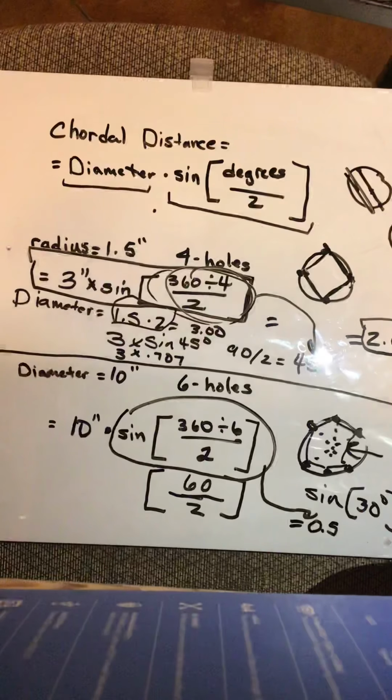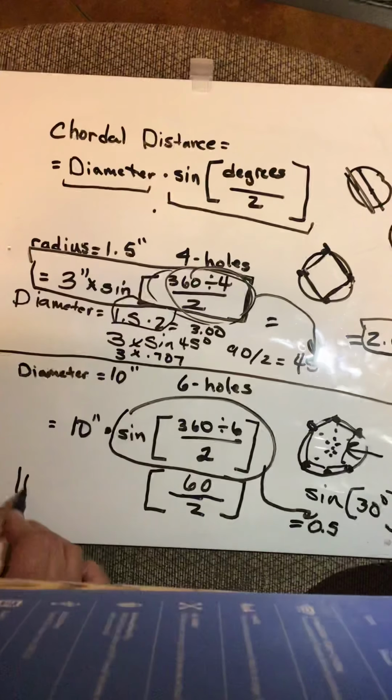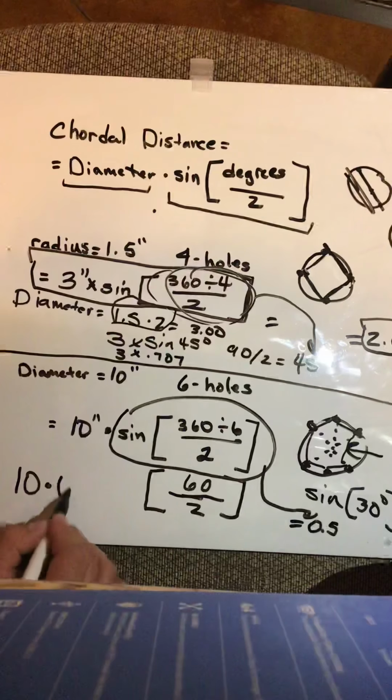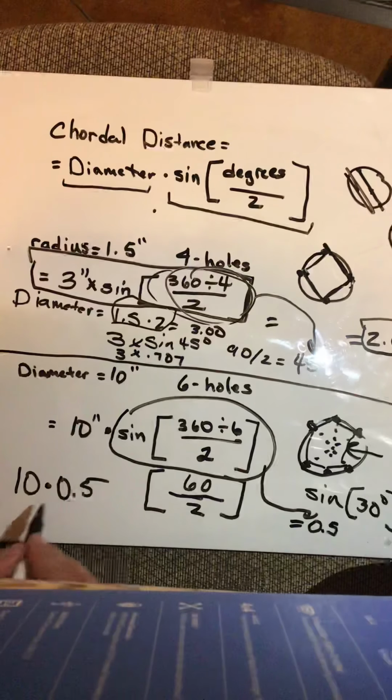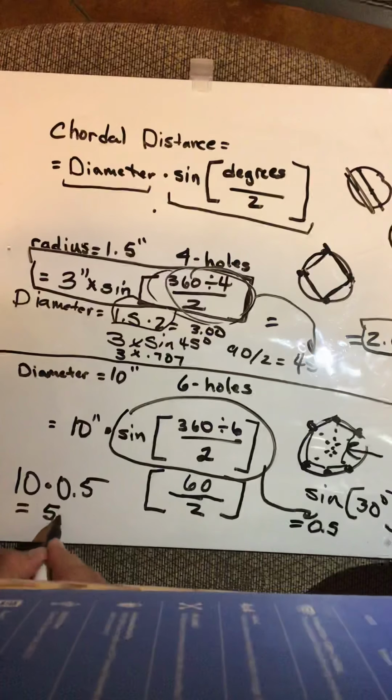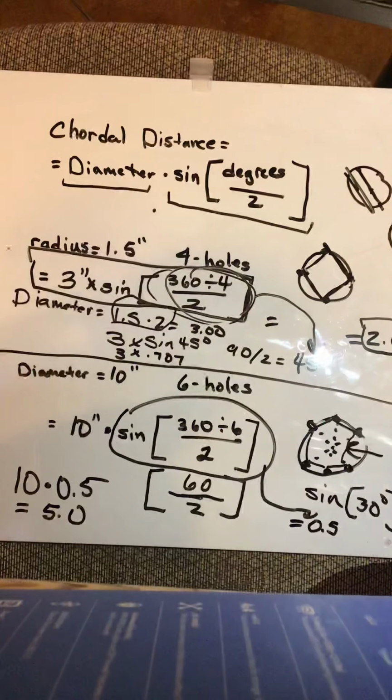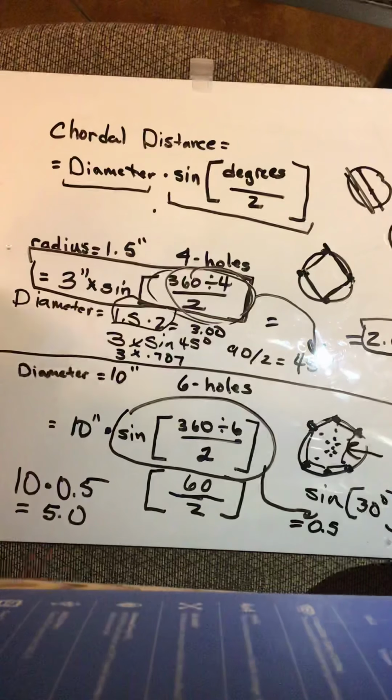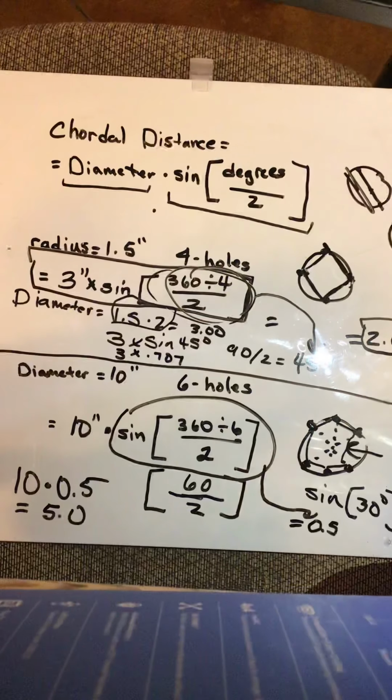So my last part is going to be 10 times 0.5, which is going to equal 5.0.